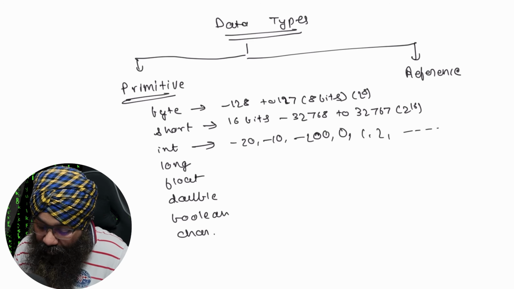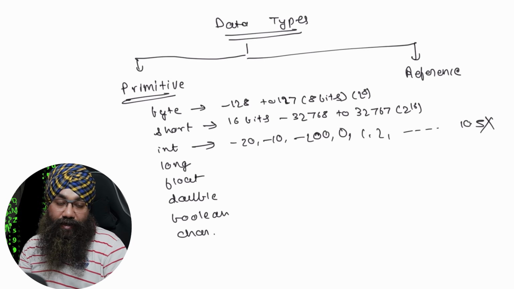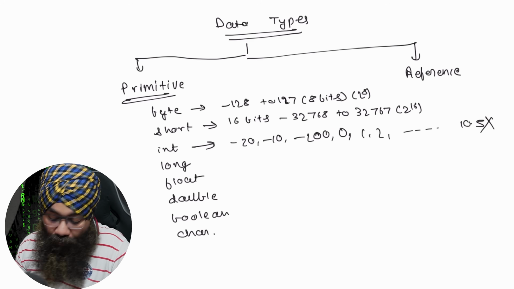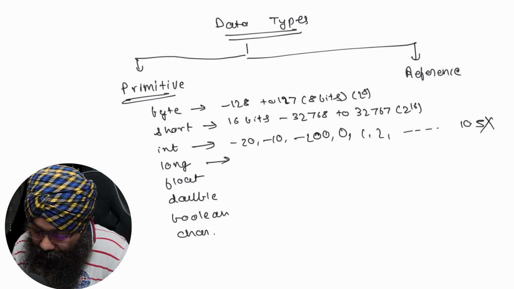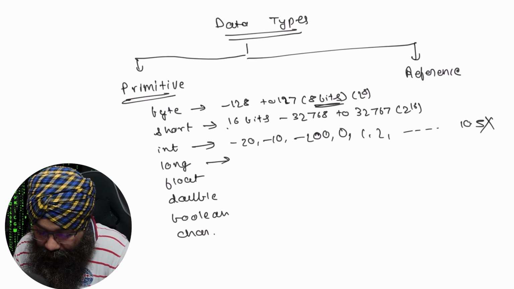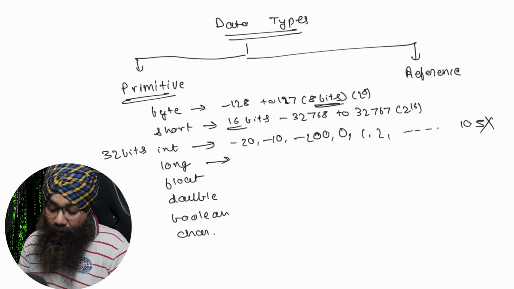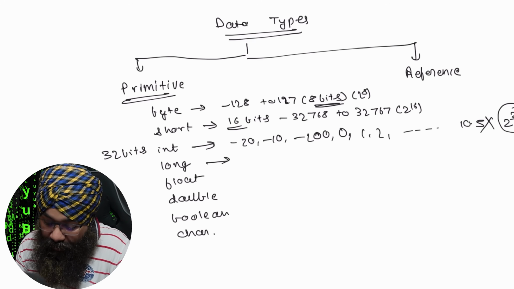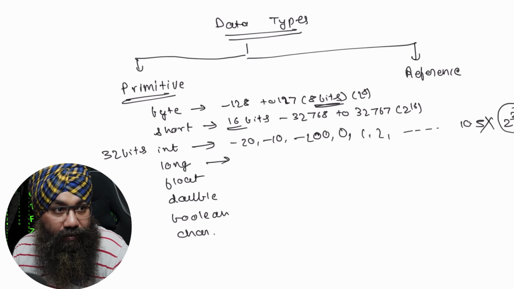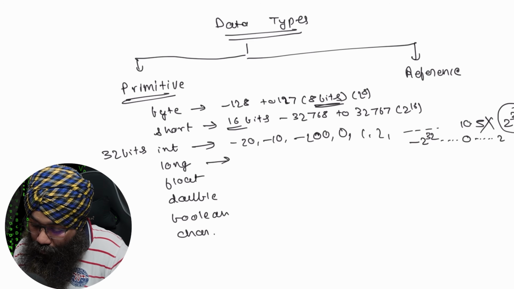But what you cannot have is 10.5. This you cannot have, because this is not an integer. Okay. Similarly, for long, the range is much higher. So basically, byte is 8 bits, short is 16 bits, integer is 32 bits. So 2 to the power of 32. Its range is minus 2 to the power 32 to 0 to 2 to the power 32 minus 1.